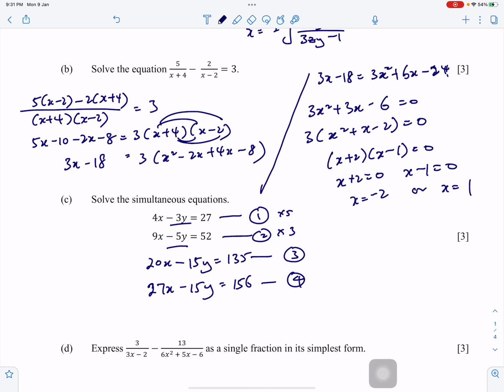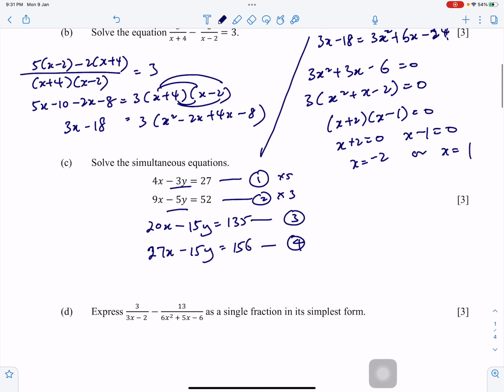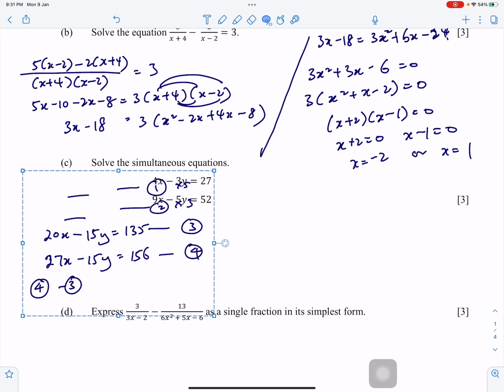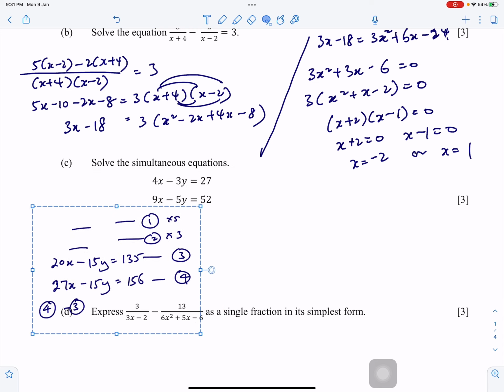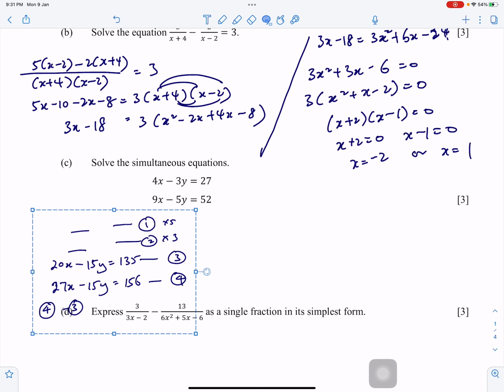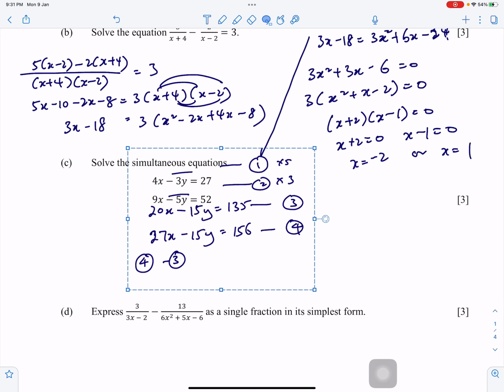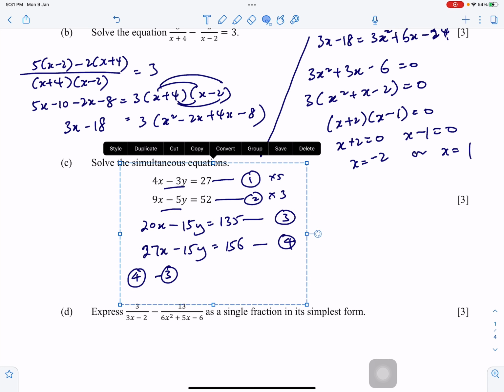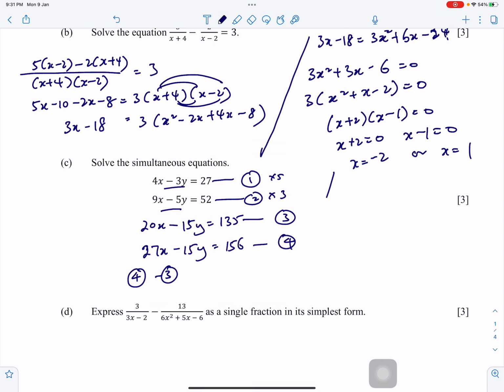That's equation 4. So you take equation 4 minus 3, and let me just do this. Oh, looks like I can't change. Spacing is a little bit too small when I set the worksheet.